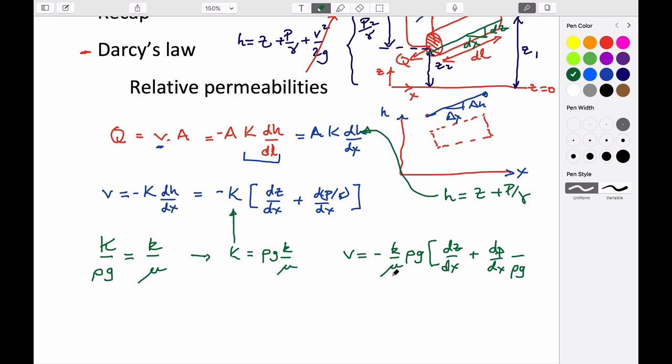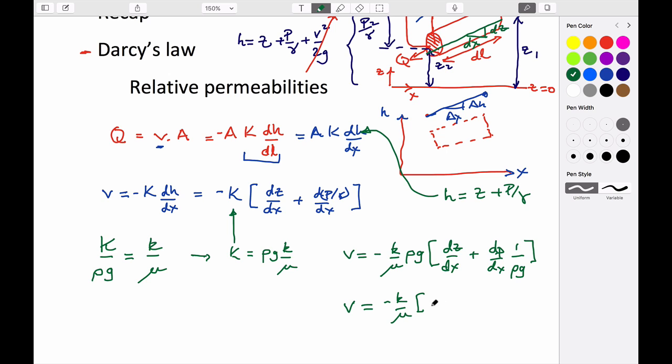So if we look at this term here, then I guess ultimately we could rearrange this into its final form, and that would be the velocity in Darcy's law is just equal to permeability divided by viscosity.